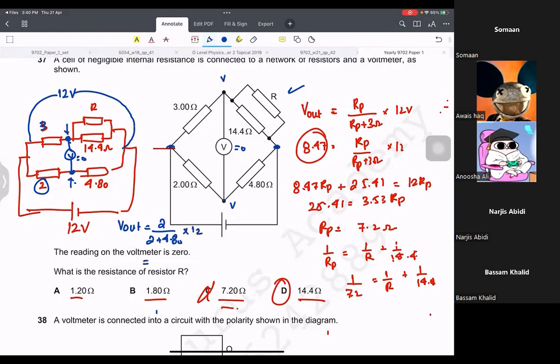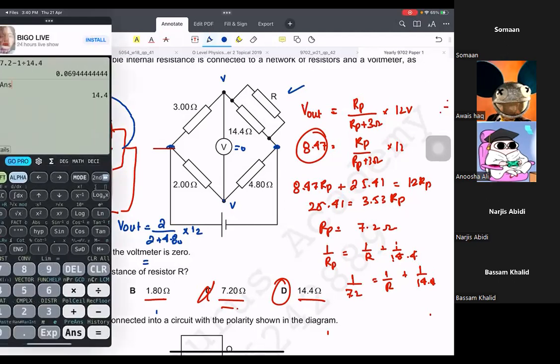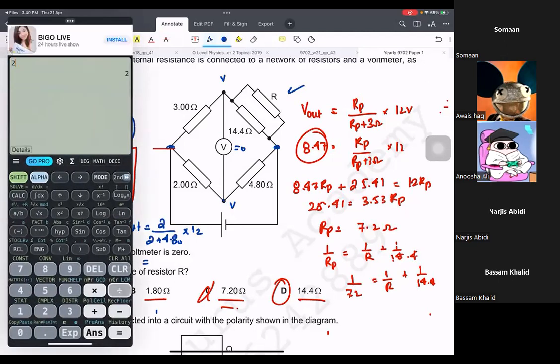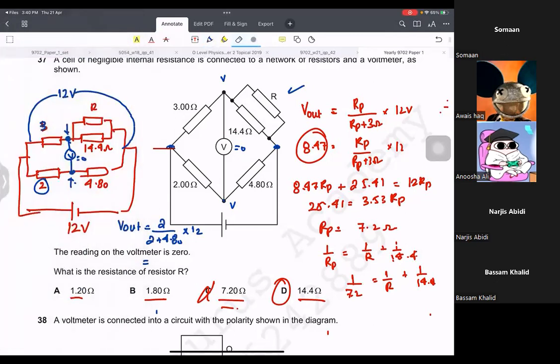Whatever potential I get here would also be the same here because there is no difference, and 12. So I got, what did I get? 2 divided by 2 plus 4.80 and multiply by 12. So I got 3.53. Okay. Anusha was asking.